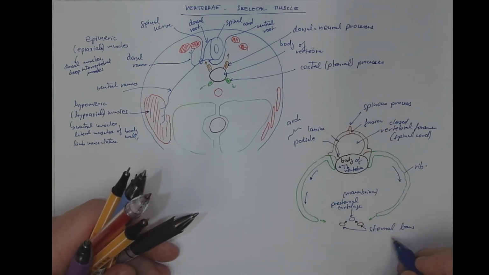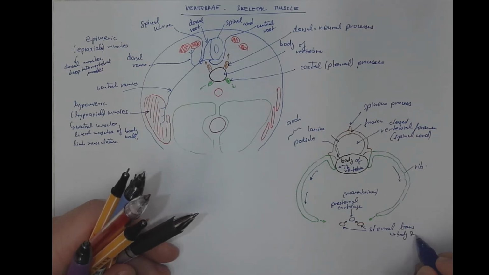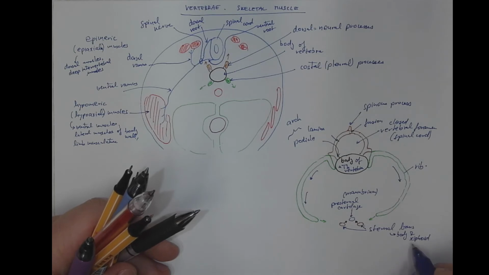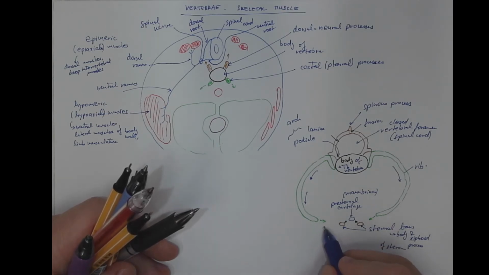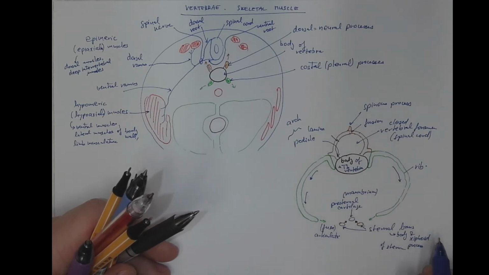The sternal bars will become the body and the xiphoid process of the sternum. And the ribs will fuse here, or actually make the articulation, or articulate with the sternum.